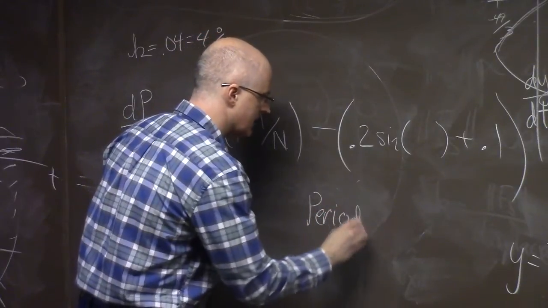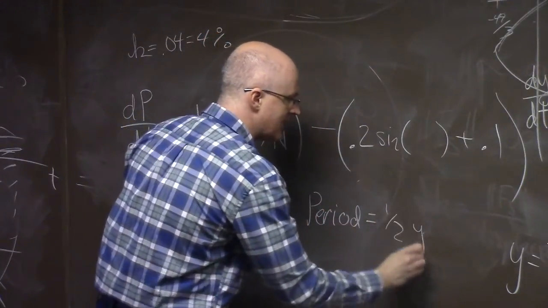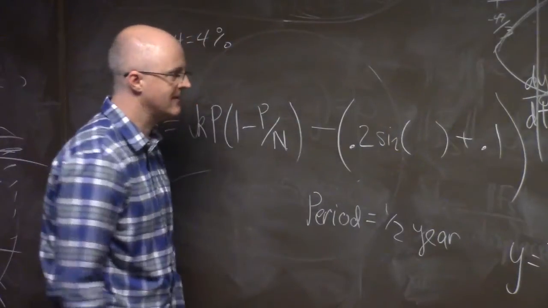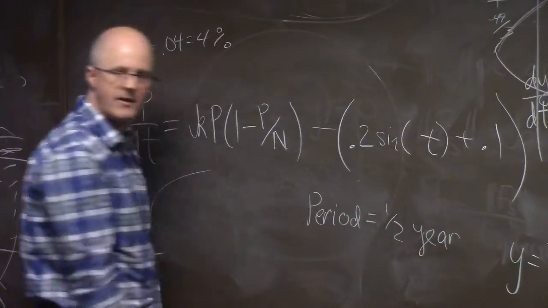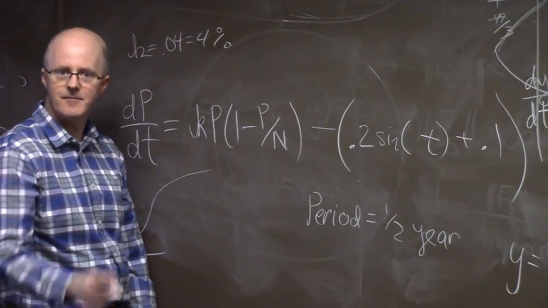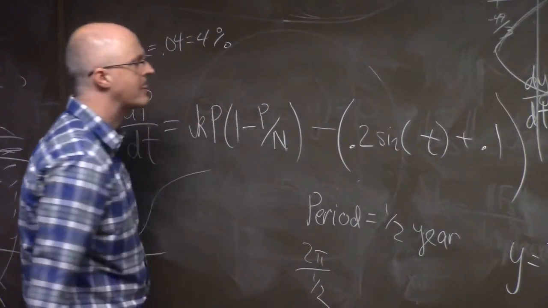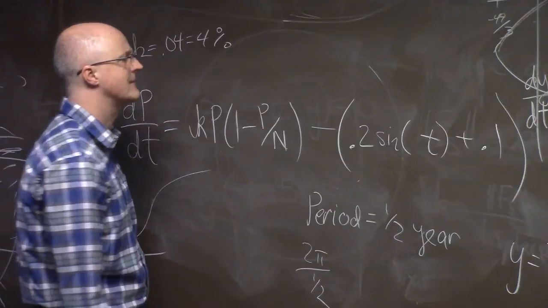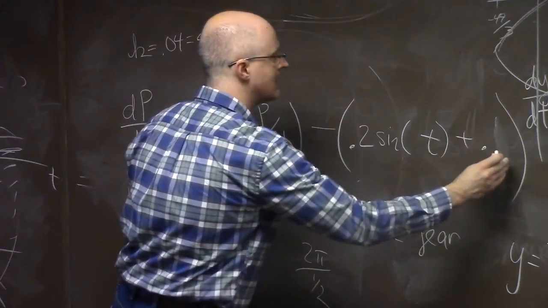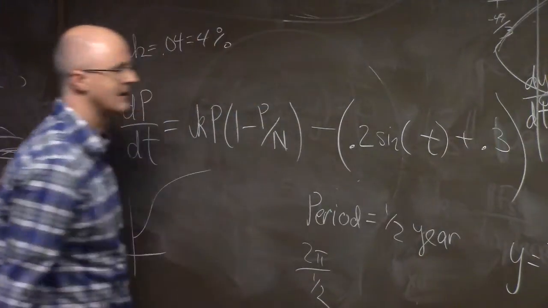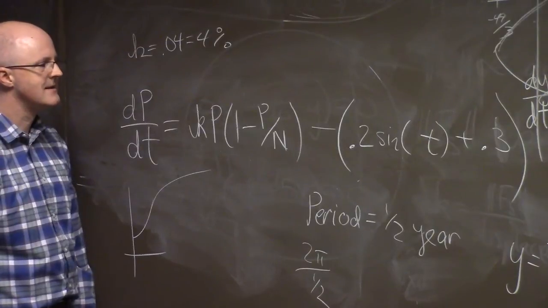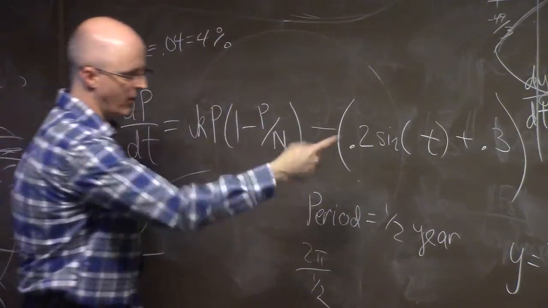sorry, we're going over here. If I said the period is half a year, that's going to tell me what goes in front of t right there. Wouldn't this drop as low as negative 0.1? Yeah, you're right. Thanks. Let's make it 0.3.